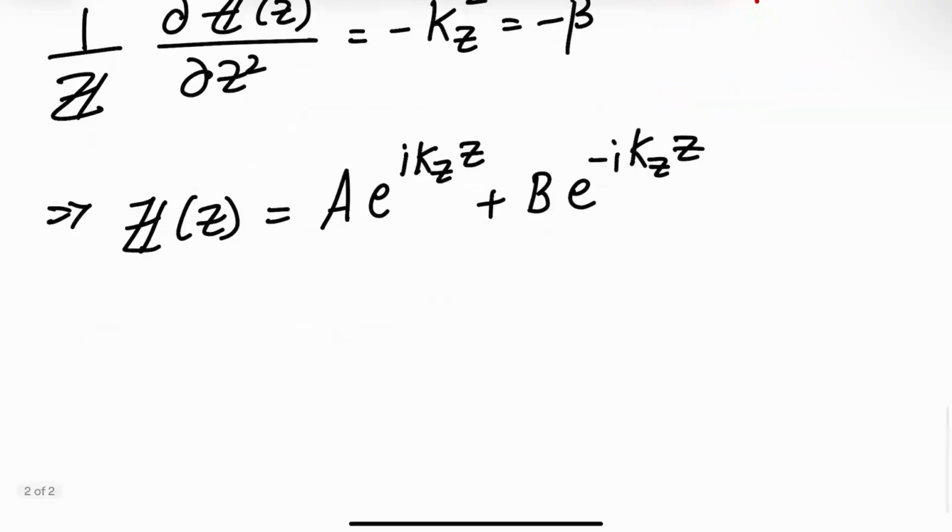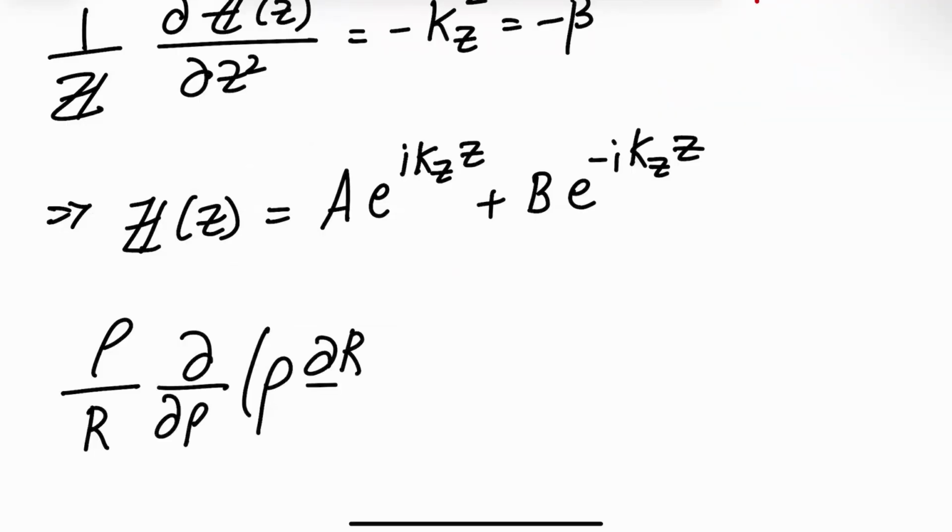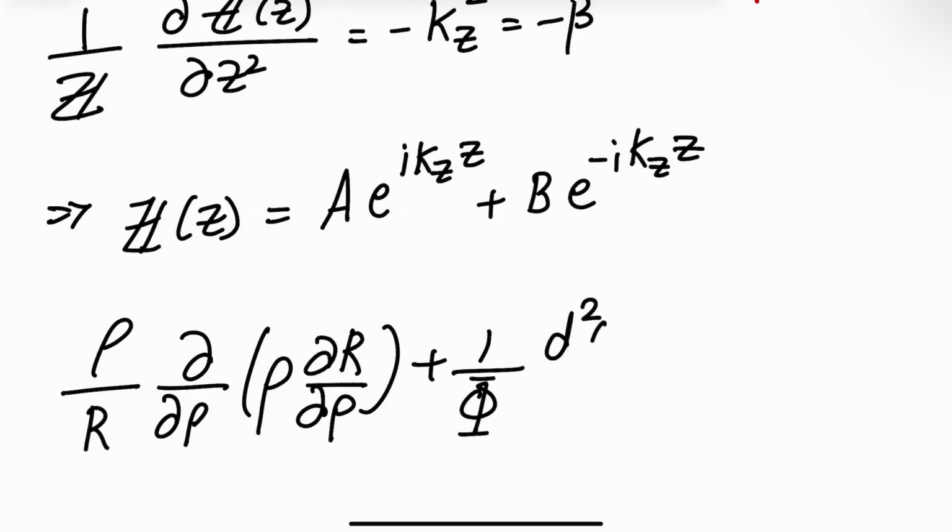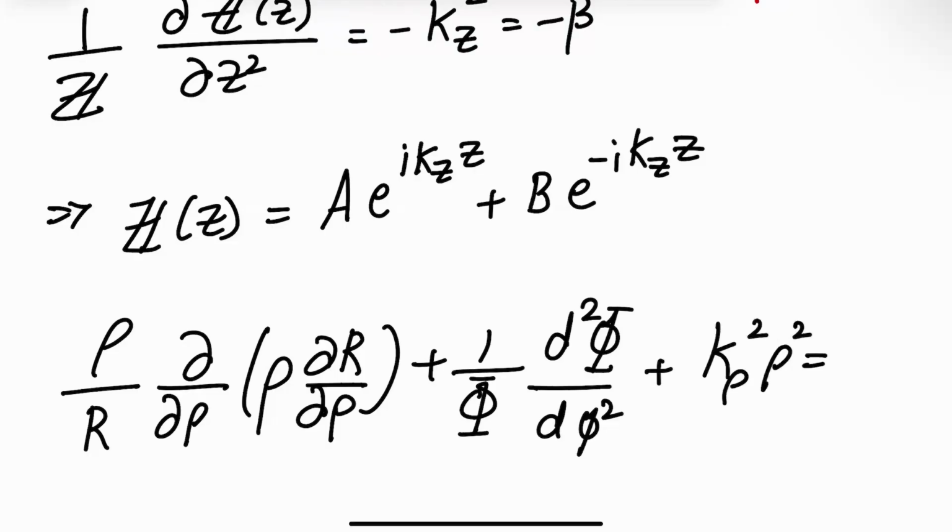Okay, so now that you have this, the equation on top becomes rho over r, d over d rho, rho dr over d rho, plus 1 over capital phi, d square capital phi over d phi square, plus k rho square equal to 0.